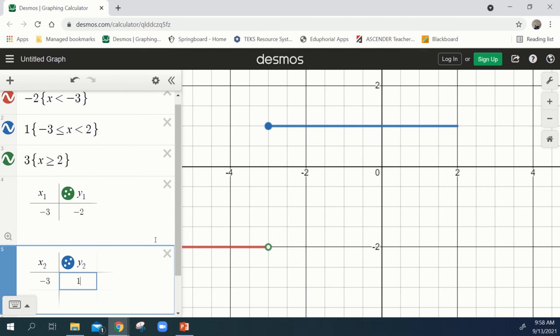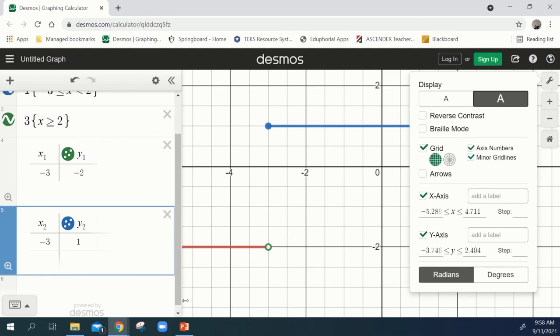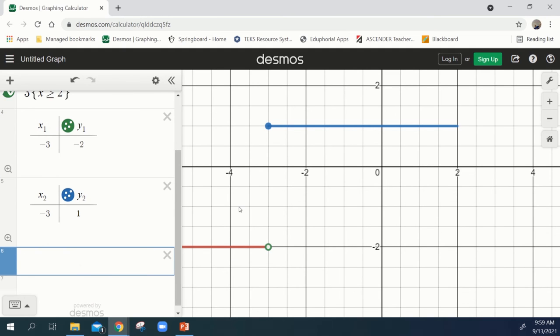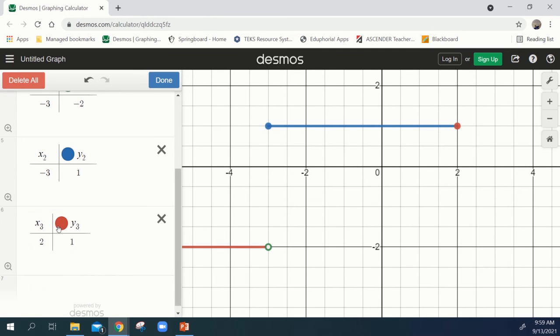Then as we continue on, x is less than 2, so we're not going to include it here. So on the right endpoint of our blue step, at 2 by 1, we're going to want to change that to open.